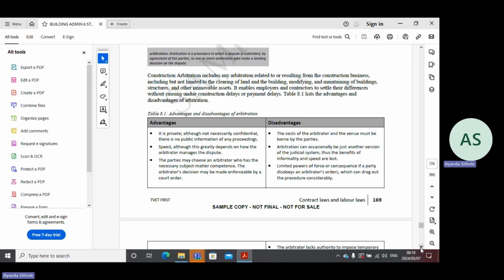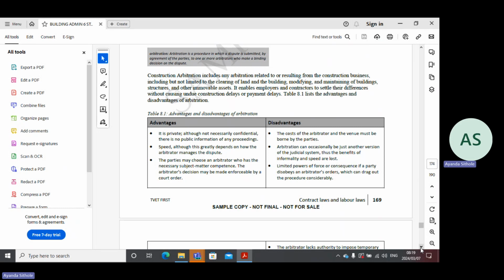Speed, although this greatly depends on how the arbitrator manages the dispute. The parties may choose an arbitrator who has the necessary subject matter competence. The arbitrator's decision may be made enforceable by a court order. And then those are the advantages.